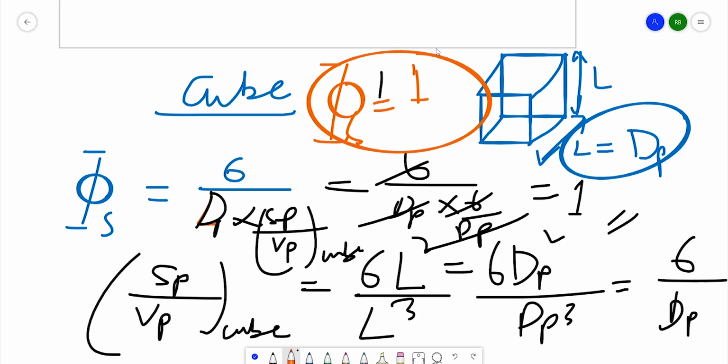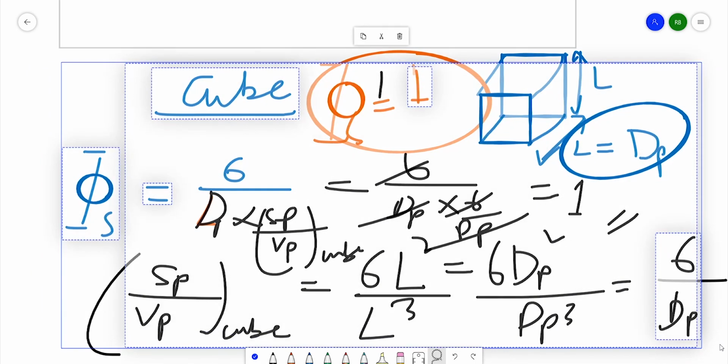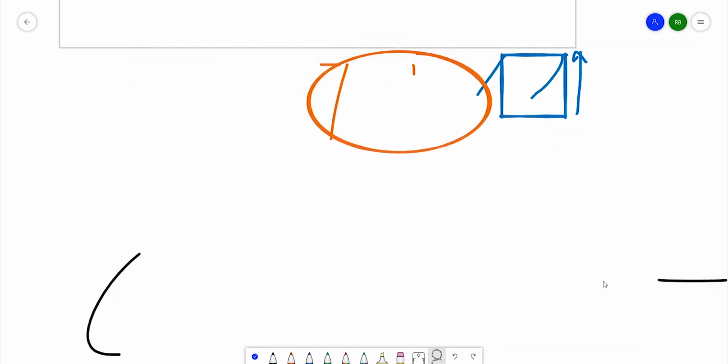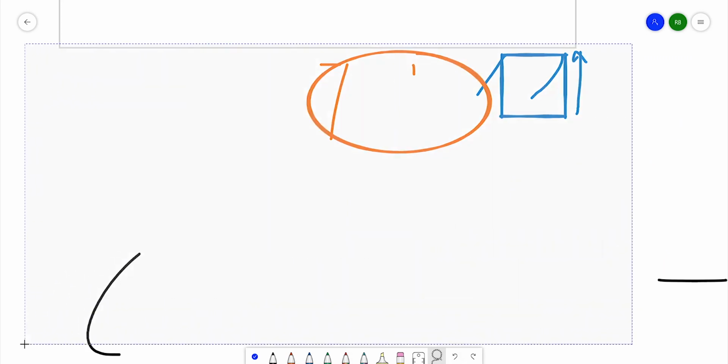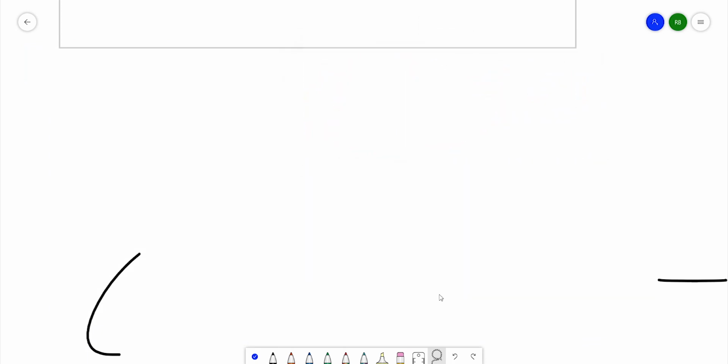You can take the cube and assume it as a particle of spherical shape. The shape of the cube is almost the same as a sphere. It has a close relation with a sphere.